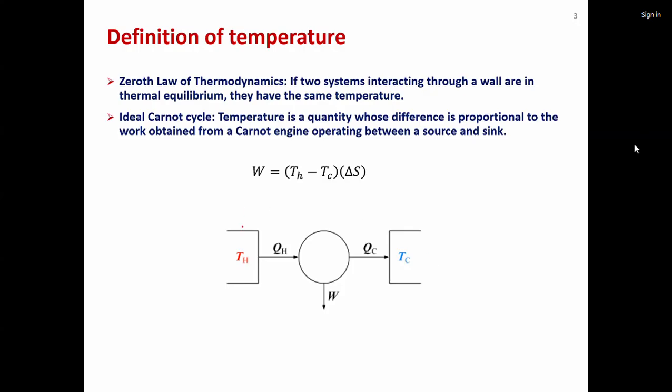So typically, you write the work done by the Carnot engine as the high temperature TH minus the sink temperature TC, into the change in entropy across the system. So you can say that temperature is a quantity whose difference is proportional to the work obtained from a Carnot engine operating between a source and sink. So this is another way you can define temperature.